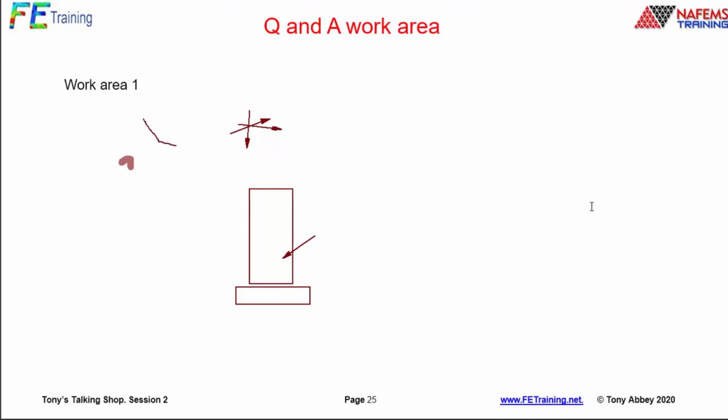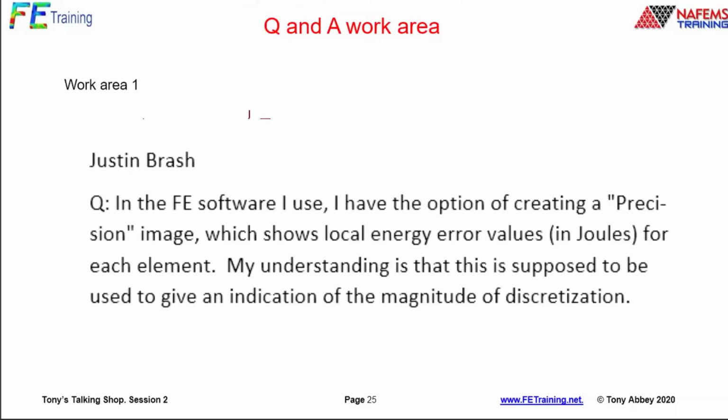Justin is asking a question: in the FEA software I use, I have the option of creating a precision image which shows local energy values in joules for each element. My understanding is this is supposed to give an indication of the magnitude of the discretization error. Yeah, you're using it somewhat similar to stresses, but they're effectively combining stresses and deflections locally.